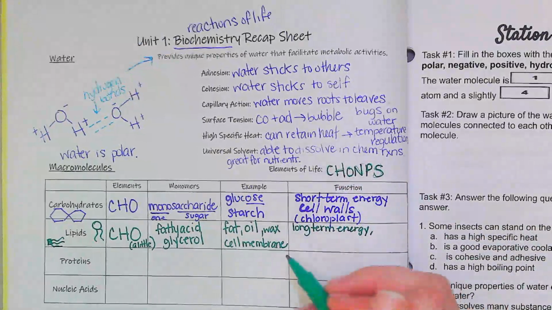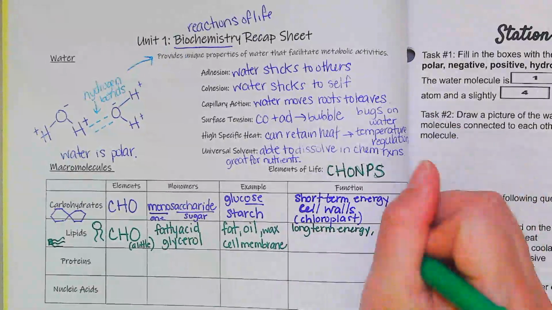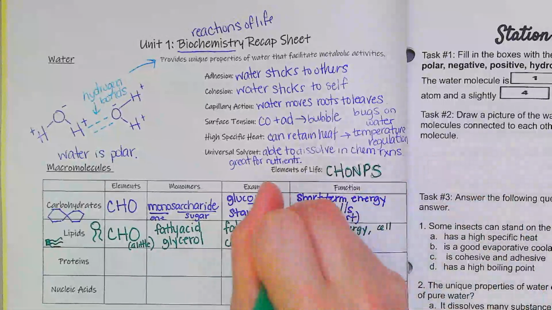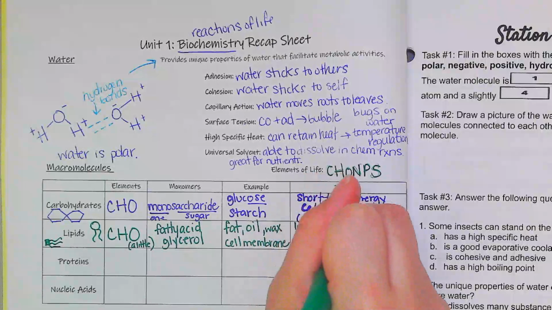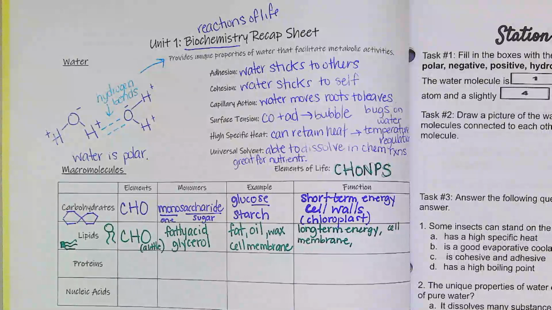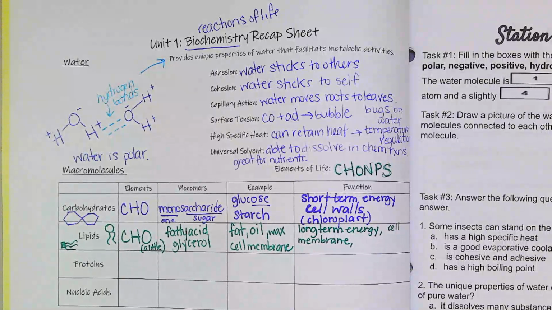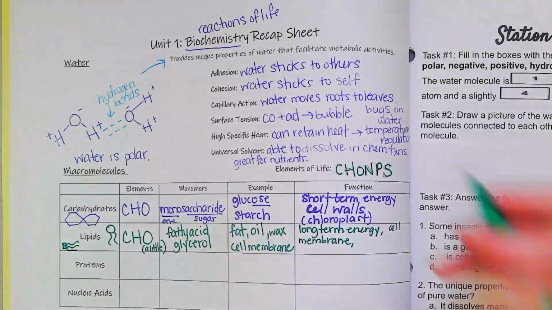What did you just tell me it's from? Cell membrane. Why do you store fat? Warm. Because it's an insulator.